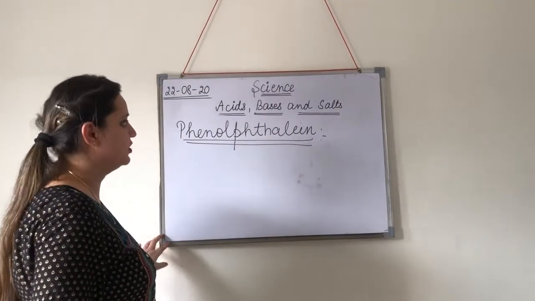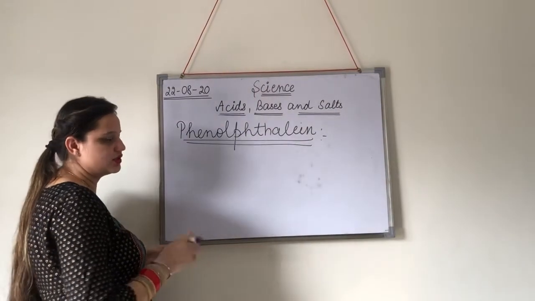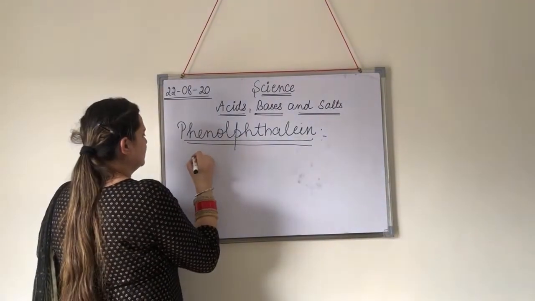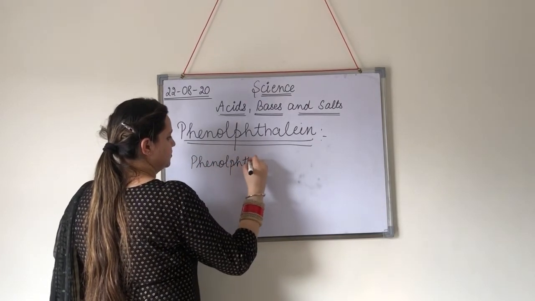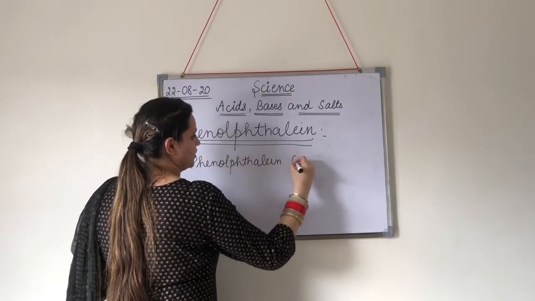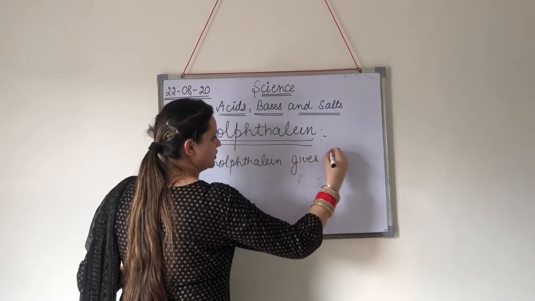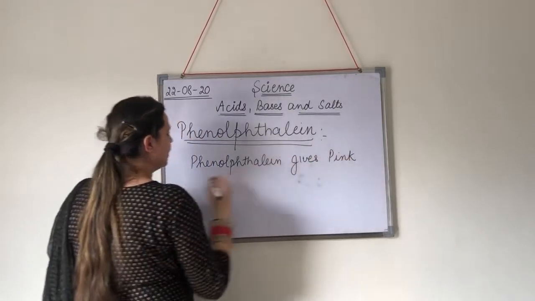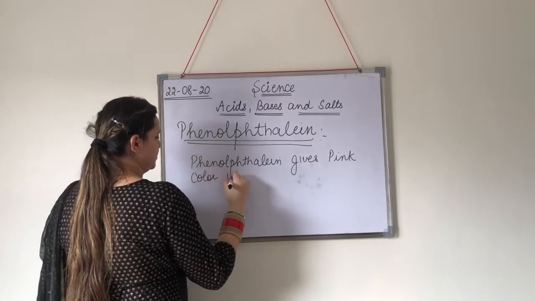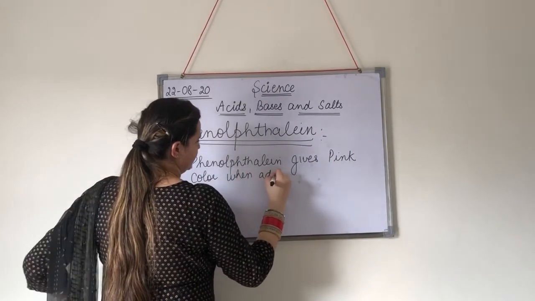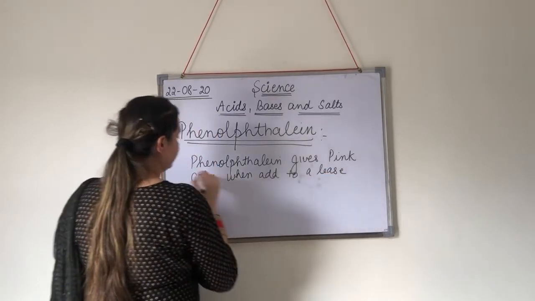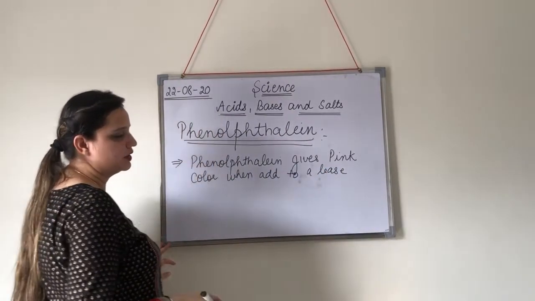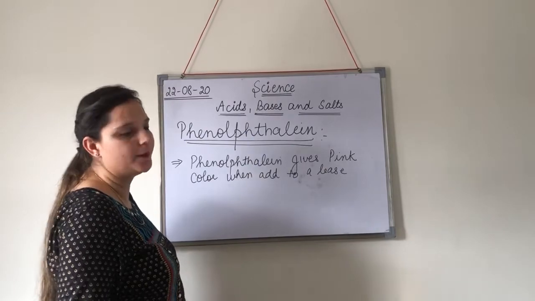Like litmus, phenolphthalein also gives color changes. Phenolphthalein gives pink color when added to a base. That means whenever we add phenolphthalein to a base, it is going to give you a pink color.